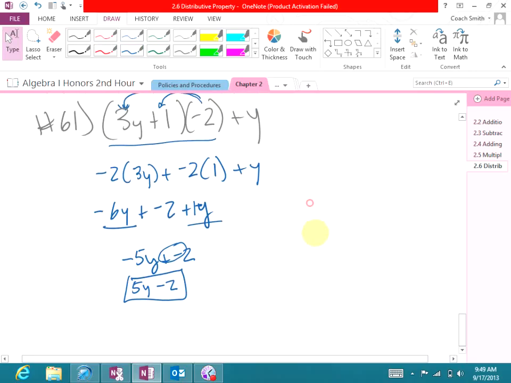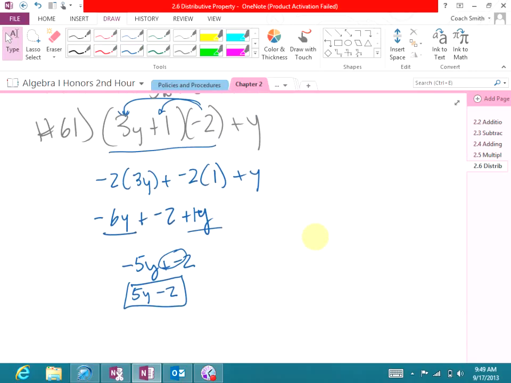Now, probably where some of the confusion lies is there are so many parentheses. They could have done this, but if they would have done this, everybody's going to think that's a minus 2. And it's not, so that's why they've got to put the parentheses around that to show you that it's multiplication.